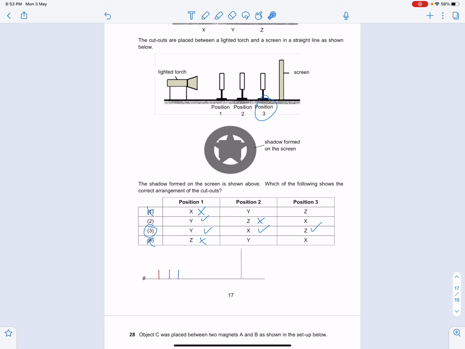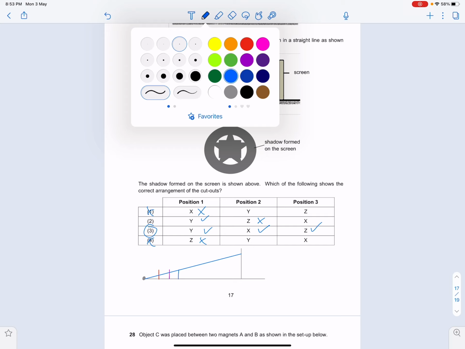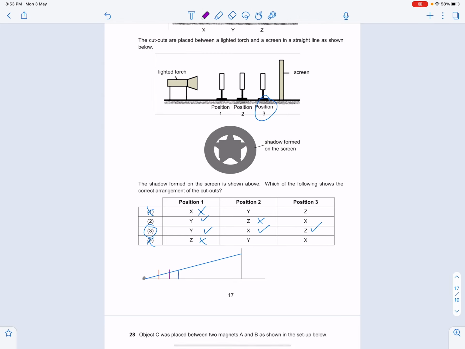This is your screen. I'm going to start off with blue. So using a ruler, what you would see is this. You repeat the same for all 3 different colors.